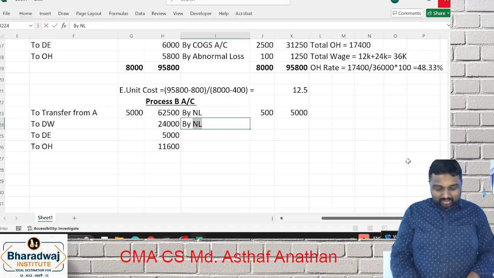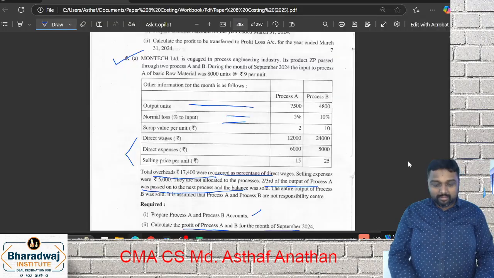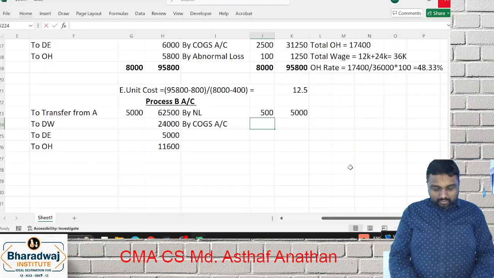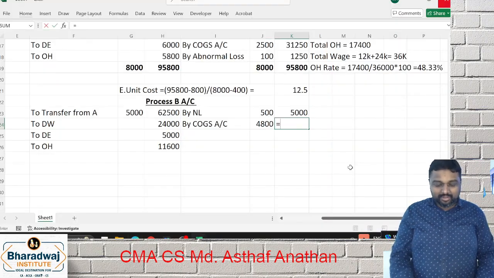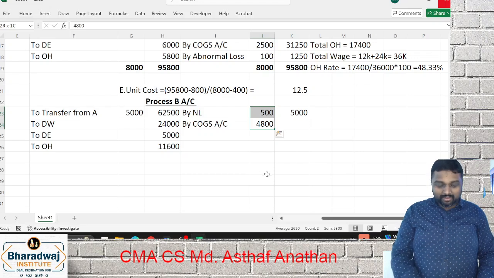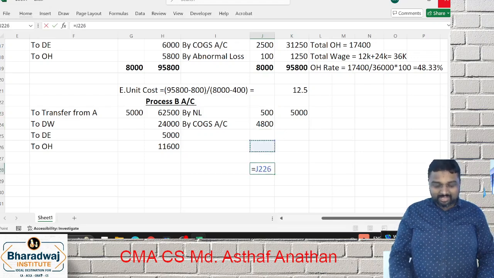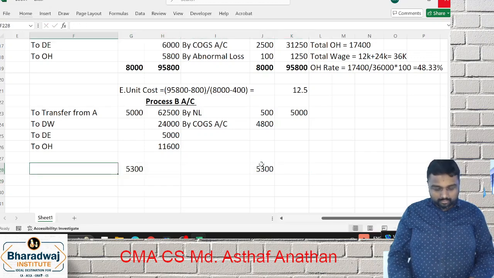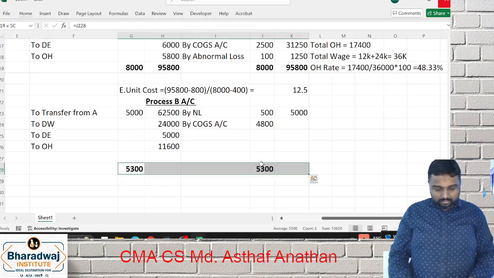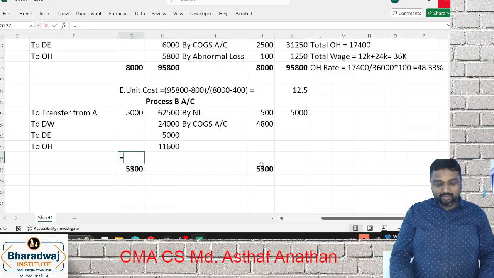Here you sold. That is cost of goods sold or your finished goods. What is the amount? You sold 4,800 entire units. Now you have to check the unit column. Here 5,300. So it's a case of abnormality. So how will you proceed?